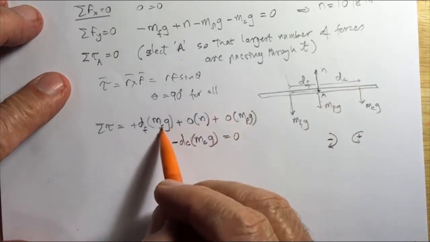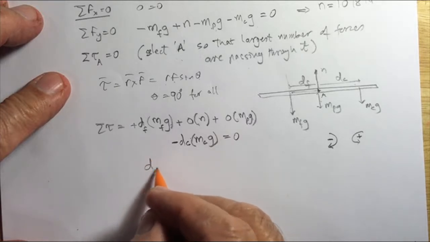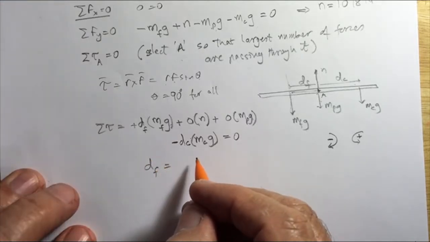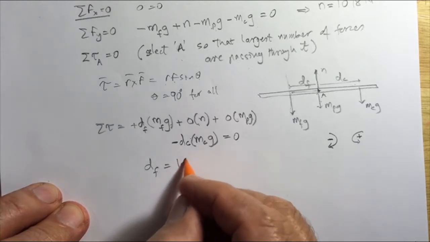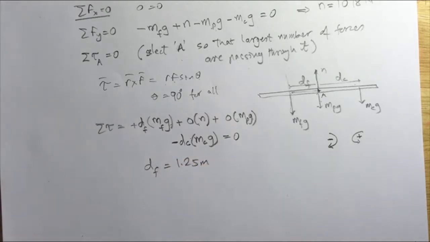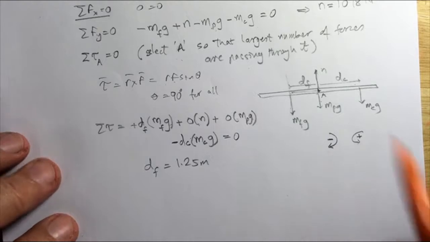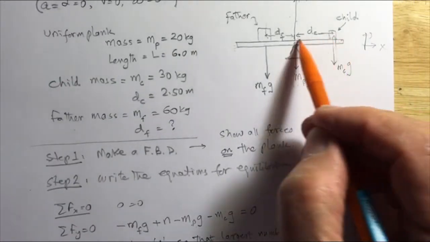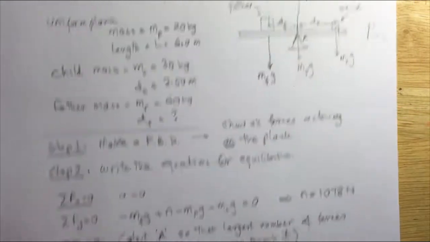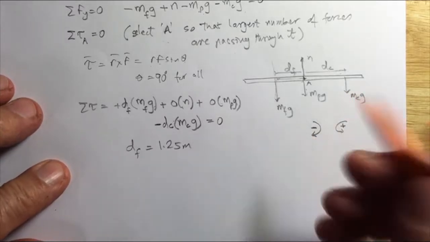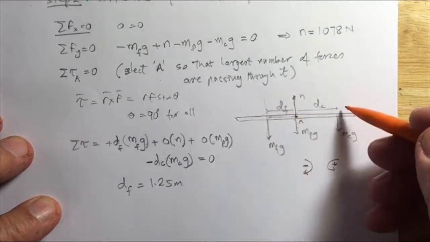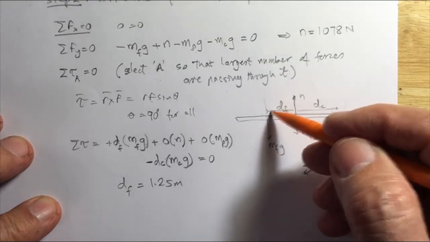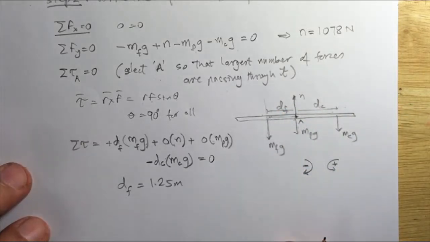These are zeros. We know everything except d_f. We plug in the numbers, and d_f comes out to 1.25 meters. So the child is at 2.5 meters and the father is at 1.25 meters, which was an easy result because the father is twice as heavy as the child, so he should sit twice as close as the child.